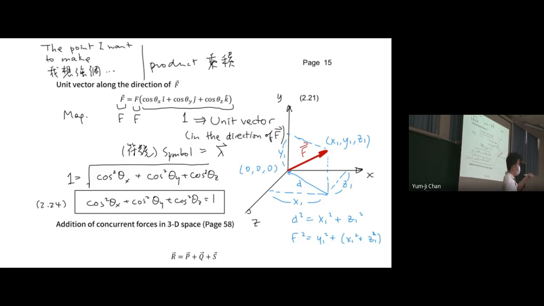If we know theta x and if we know theta y, then we know what theta z is.